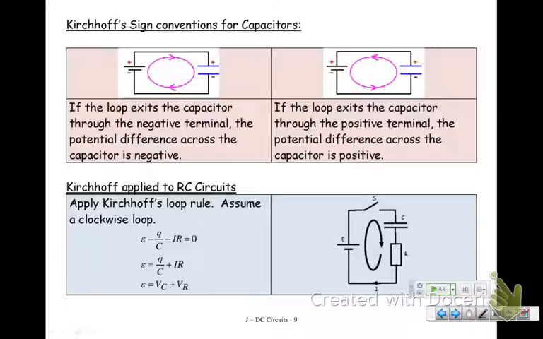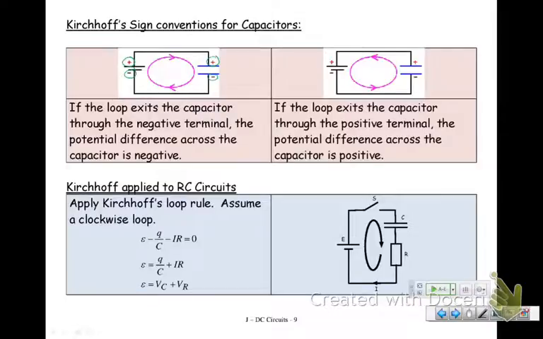Now, we didn't do Kirchhoff's rules for capacitors, but it's basically a sign convention again. Treat the capacitor like it's a little power supply. If that's the positive terminal of your EMF, then that's the positive plate on your capacitor. And if that's the negative terminal on your EMF, that's the negative plate on your capacitor.